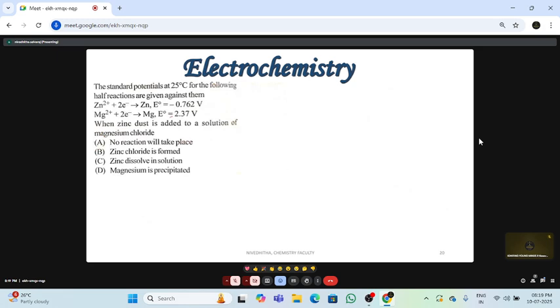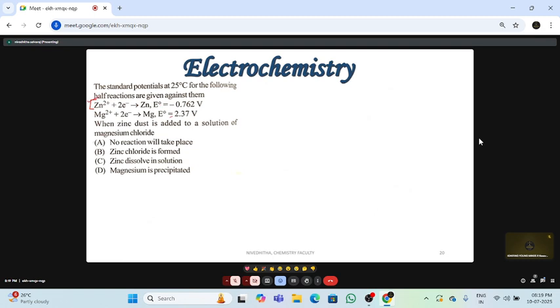Okay. Here, the standard potentials at 25 degrees Celsius for the following half reactions are given against them. See here, they didn't give you the representation, but the reaction itself. Here, Zn2 plus is gaining electrons to get converted into zinc, and parallelly, they've provided the electrode potential also.